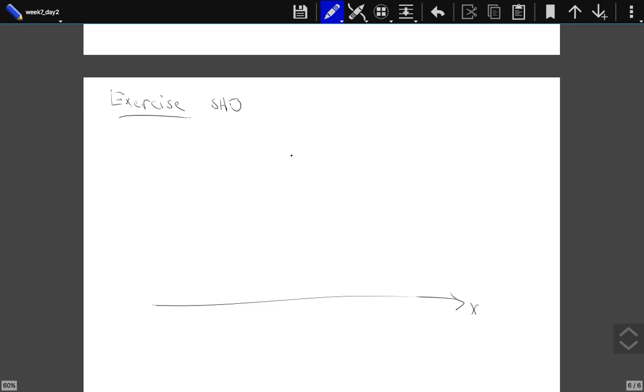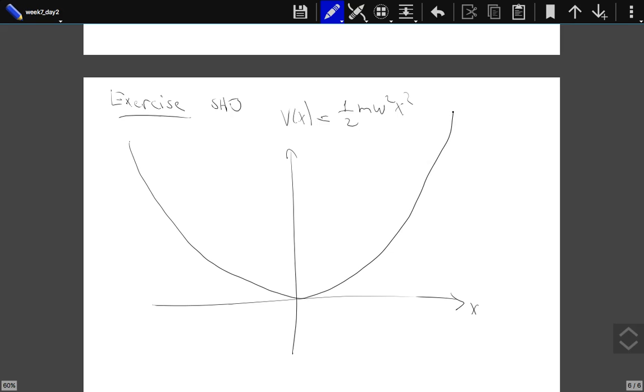Now, let's say this is x. This is the potential. V of x is equal to 1/2 m omega squared x squared. Well, the potential has such a shape. It's a parabola. Let's say the energy of the oscillator is somewhere over here. In this region it will be oscillating.